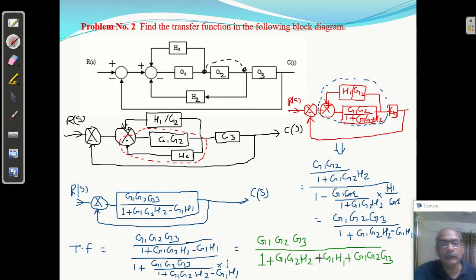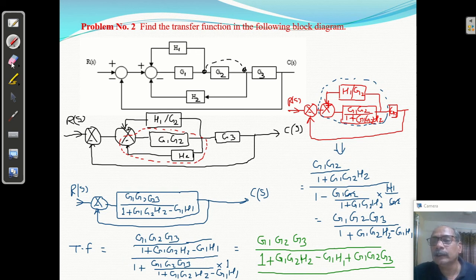So this is the answer we got. Okay, so I got G1 G2 G3 upon 1 plus G1 H1 plus G1 G2 H2 plus G1 G2 G3. Okay, so this part is over.